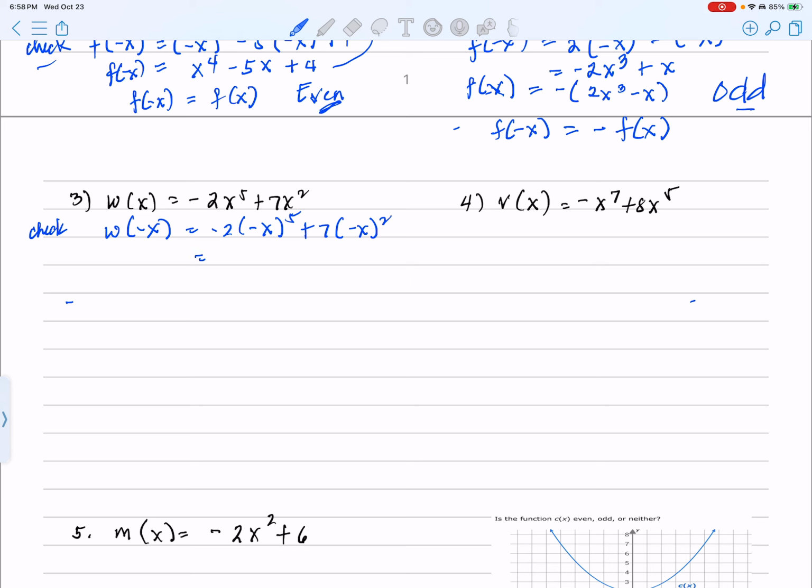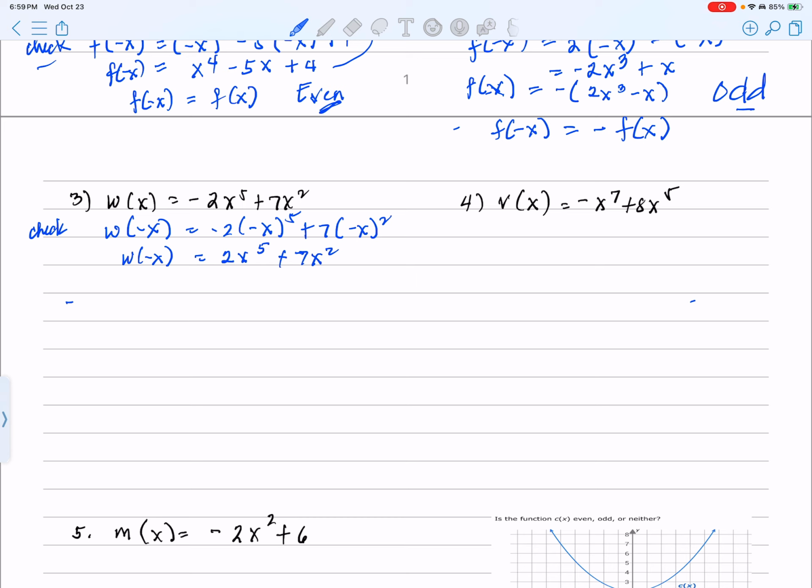So we have a negative x to the fifth, that's a negative, times a negative 2, that would be a positive 2x to the fifth power. Then plus 7x squared. But look at our leading term. It's not equal. The w of negative x is not equal to the given function.